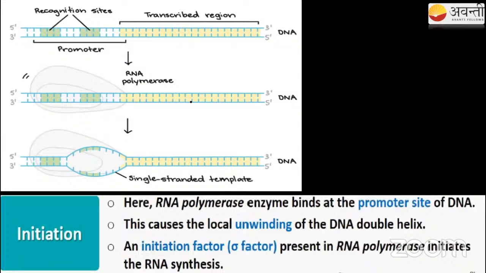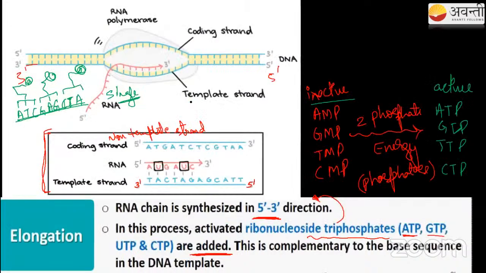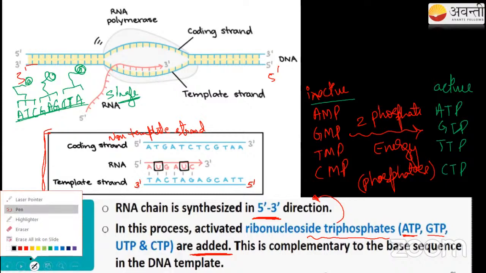So this is what I have told you. During the elongation, in the RNA we will use the nucleotides ATP, GTP, UTP, and CTP. In the DNA, what nucleotides do we use?